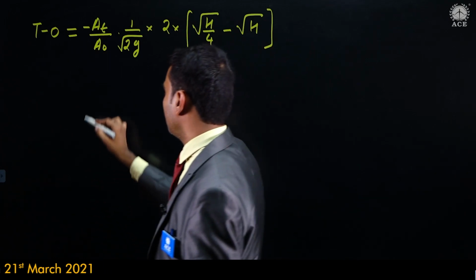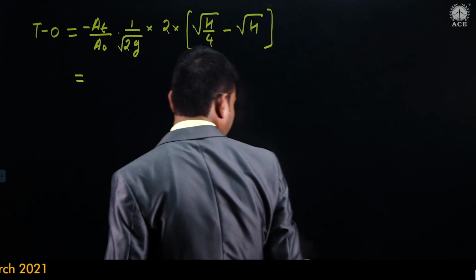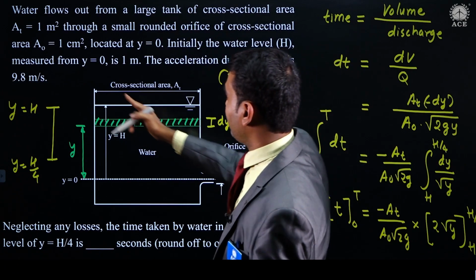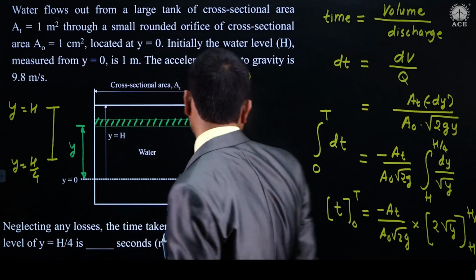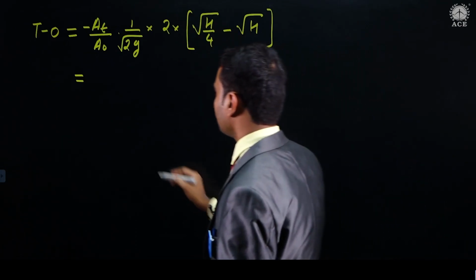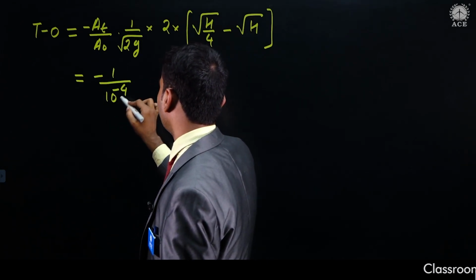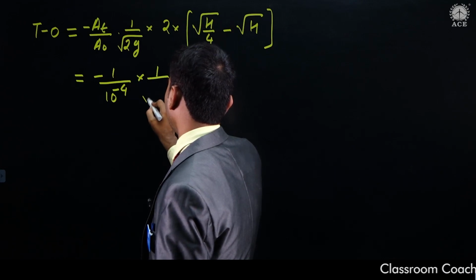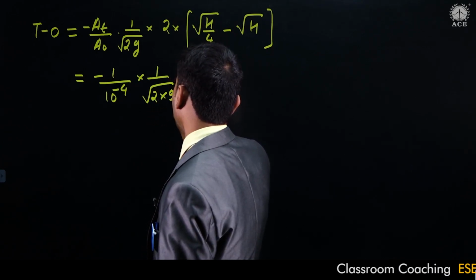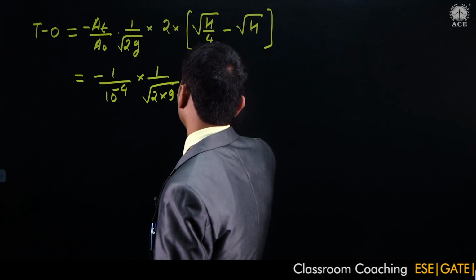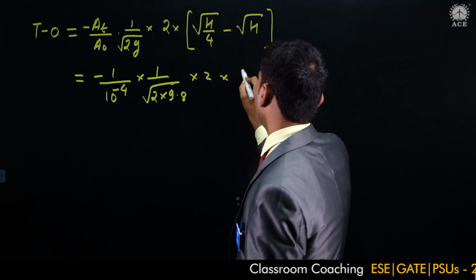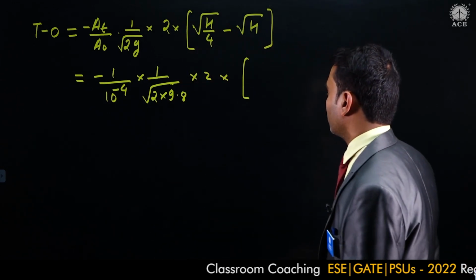Substitute the values. This AT tank area, how much is the tank area? Tank area is 1 meter square and orifice area is 1 centimeter square. Minus of 1 divided by 1 centimeter is 10 to the power minus 4 meter square into 1 divided by square root of 2 into 9.8 into 2 into h value.